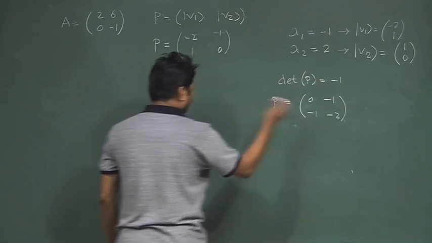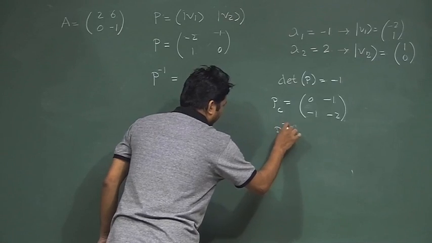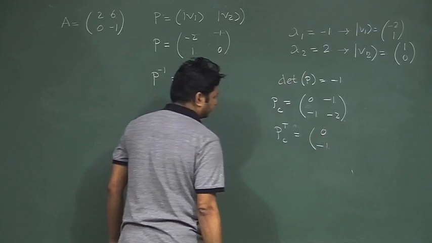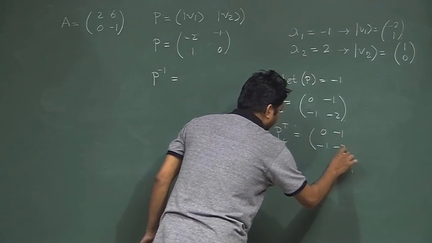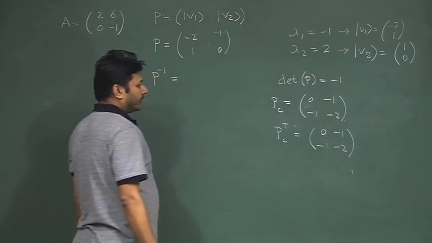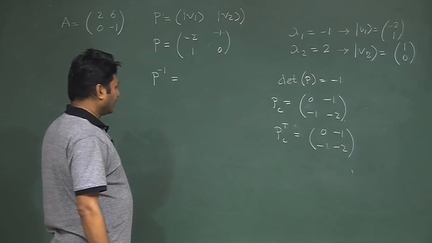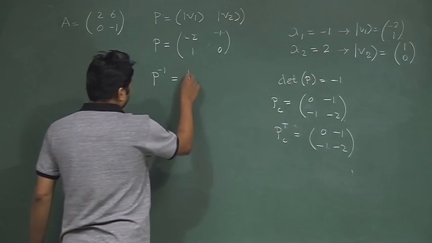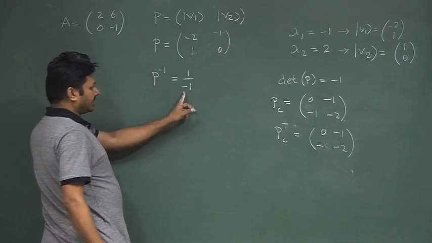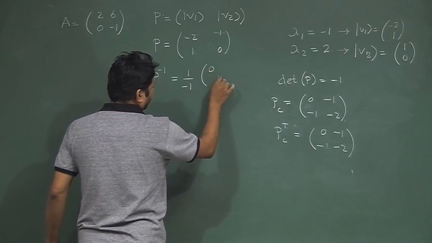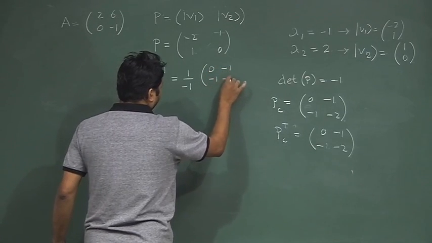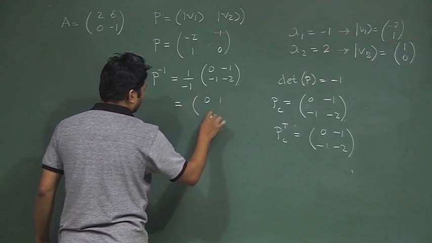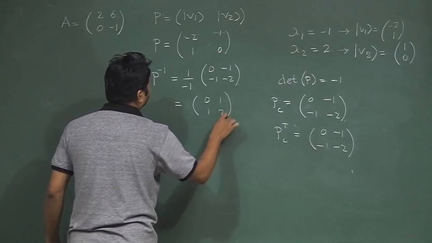Now I need to make a transpose of this. So the transpose of this will be 0, minus 1; minus 1, minus 2, the same thing. So if I do this, then P inverse comes out to be 1 by the determinant, which is minus 1, multiplied by [0, minus 1; minus 1, minus 2], and my P inverse is supposed to be [0, 1; 1, 2].